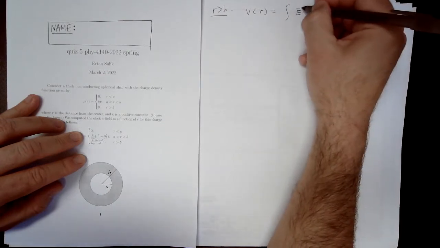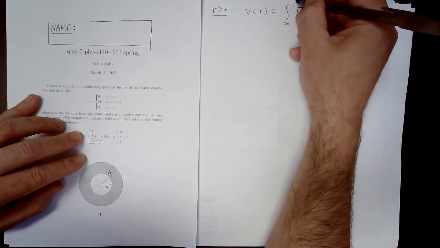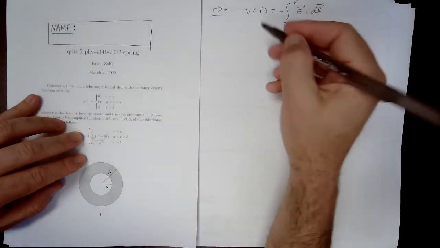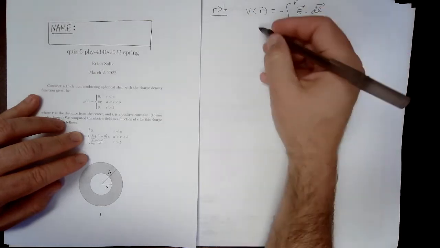V of R equals minus the integral of E dot dl from infinity to the position R. It's spherically symmetric, so it's radially symmetric everywhere.